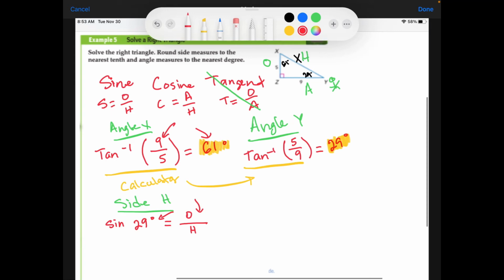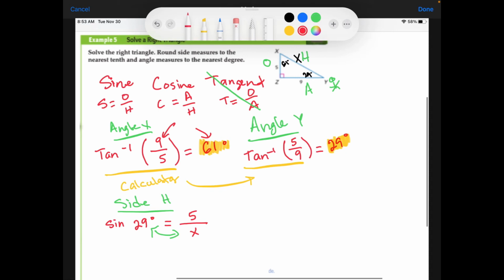I know my opposite. My opposite is going to be 5, right? The number for O is 5. I don't know my H, so I'm going to go ahead and replace it with an X. If the X is at the bottom, you just want to switch the X with the sine of 29 degrees.